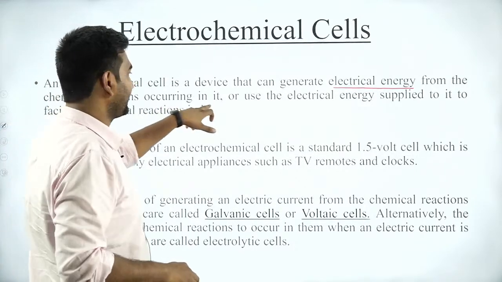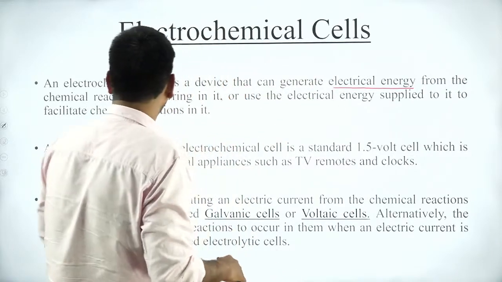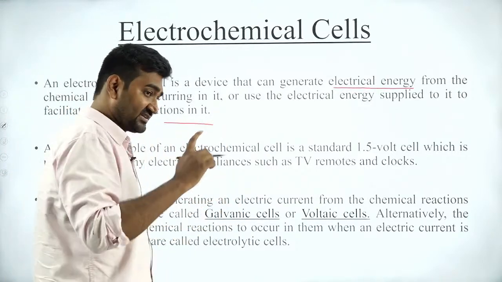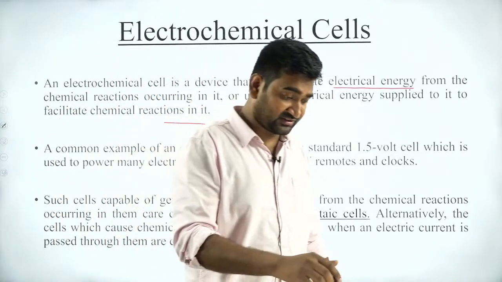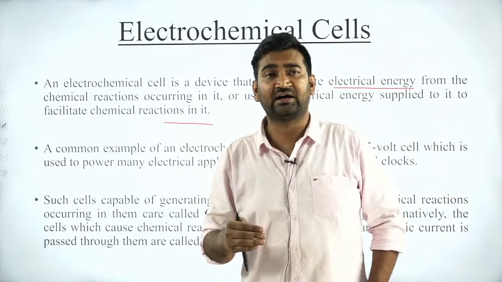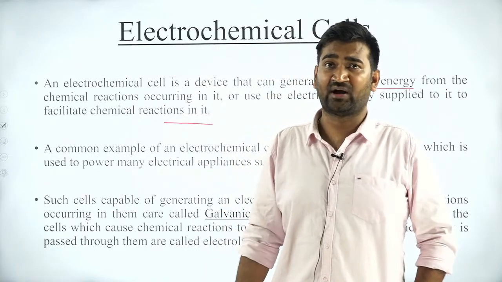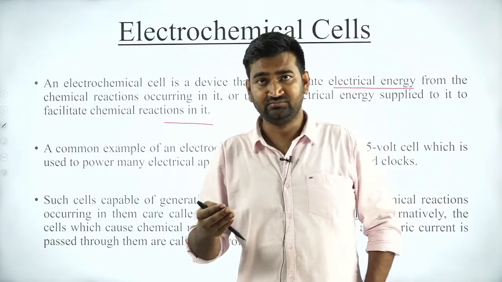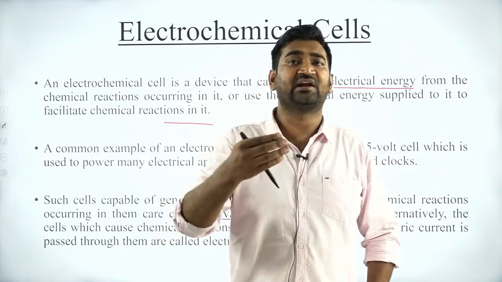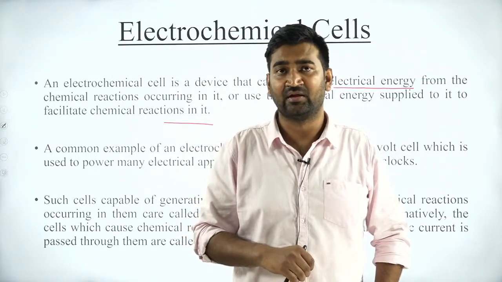Reactions occurring in it, or it is also the use of electrical energy supplied to it to facilitate the chemical reaction in it, which is the second part, which is called the electrolytic cells. When we do Faraday's law of electrolysis, there we talk about the electrolytic cells. What do we do there? We provide the electricity and then some chemical reaction occurs at either the anode or the cathode side.